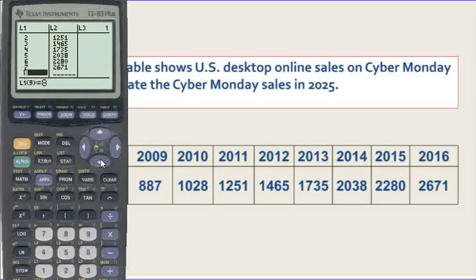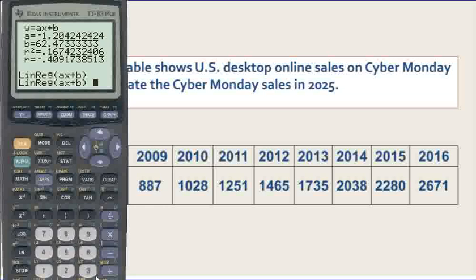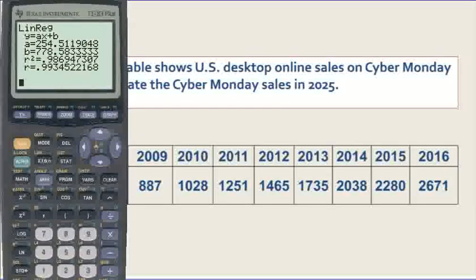I had an extra one over here. Delete that. So now I go stat, calculate, number 4, enter. Okay, so our equation is going to be 254.51x plus 778.58. The correlation coefficient is 0.99, so that is very good.